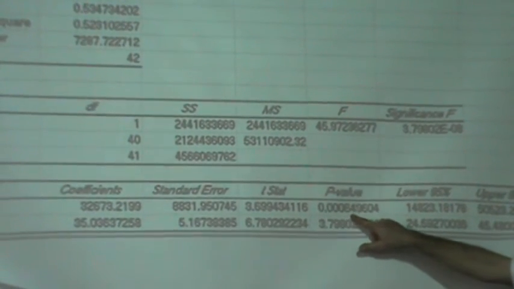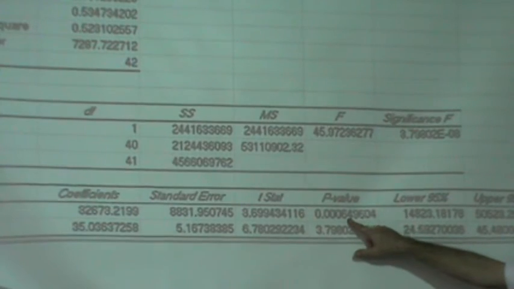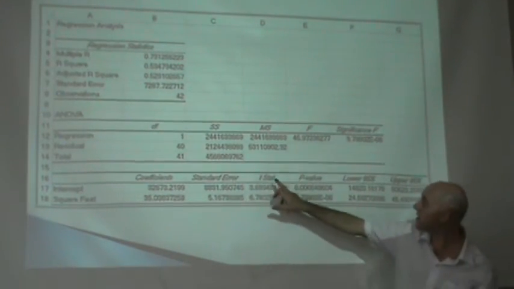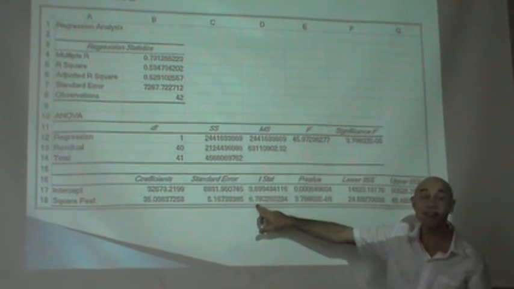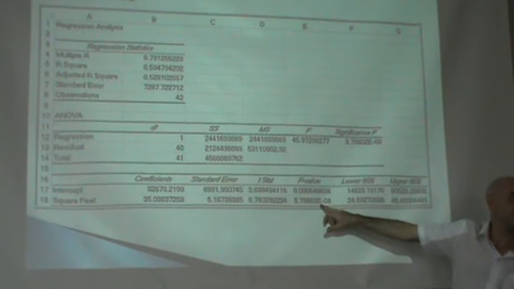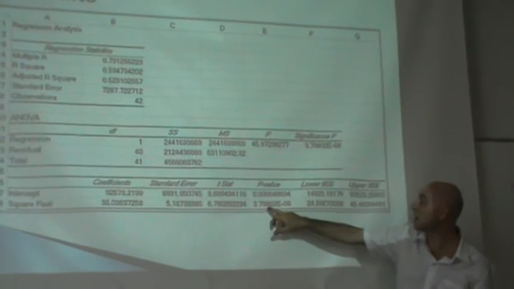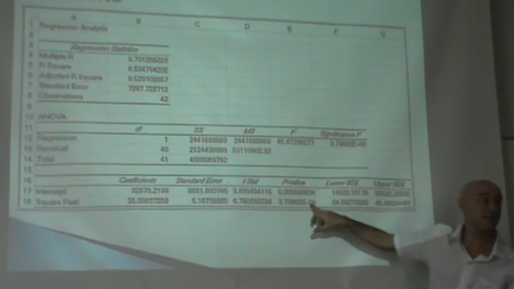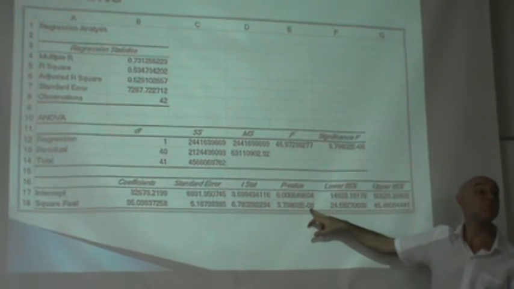Here the p-value is 0.0006, 3 zeros and 6. This is highly significant. And here the t-stat is 6.7, very high. And the p-value is practically 0, meaning 3.7 to the power of -8.